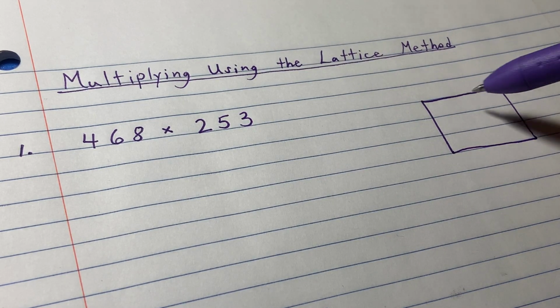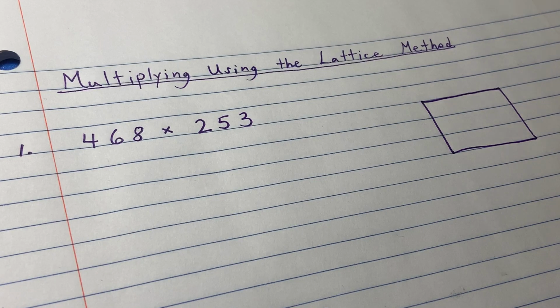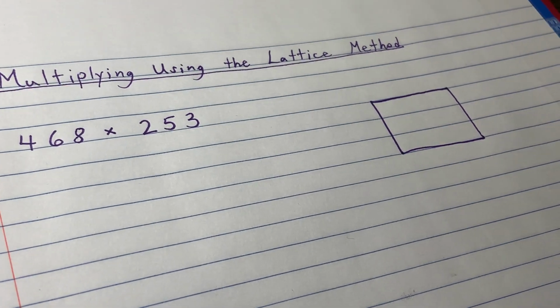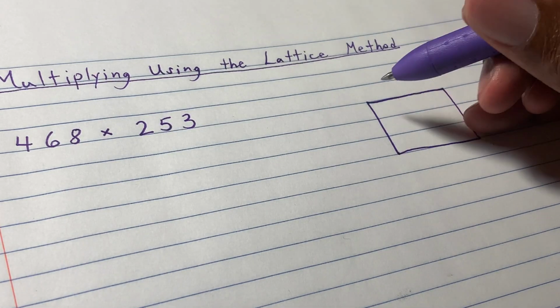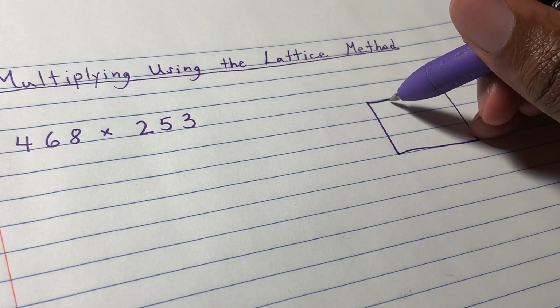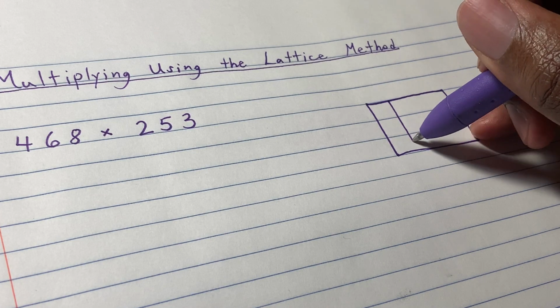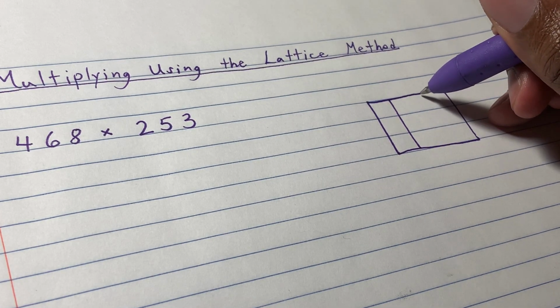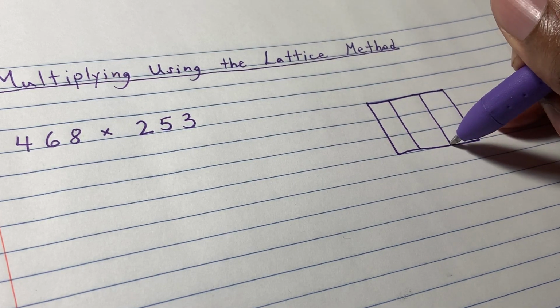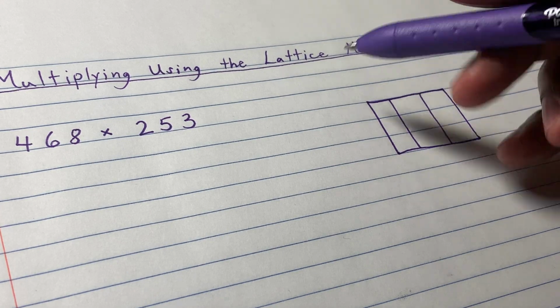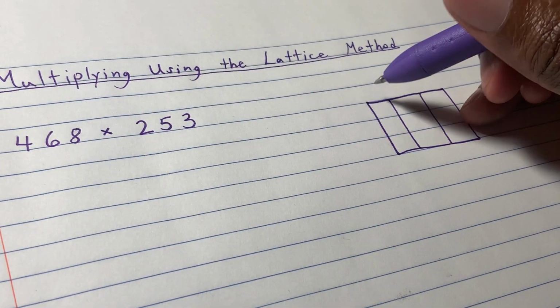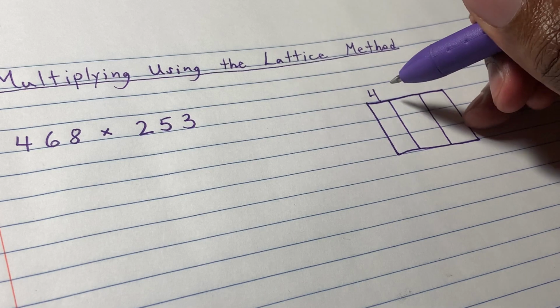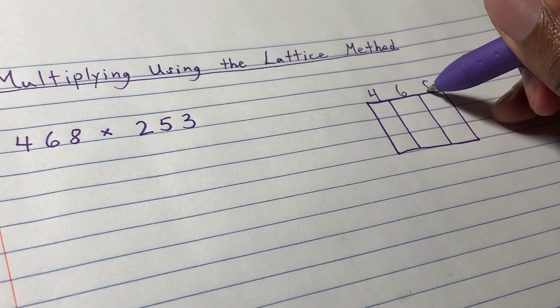All right, so notice I have a square here as best as I can make it. And I'm going to create 3 columns going down. Okay, and why 3 columns? For the number 468.